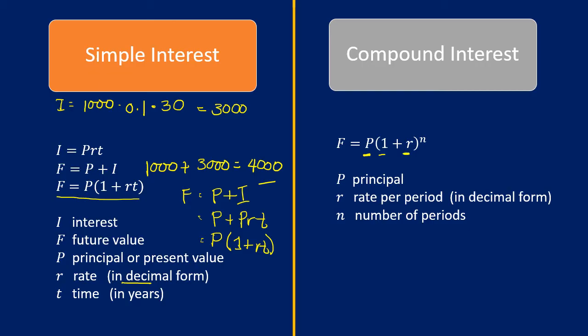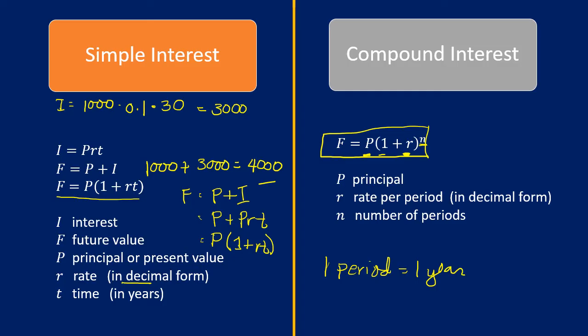Okay, for compound interest, what's happening is that the future value is equal to your principal amount times 1 plus the rate per period, which I will talk about in the next few slides, raised to the number of periods n. This is simpler. So can you see the difference? For the moment, just to make things easier, we will assume that one period is equal to 1 year.